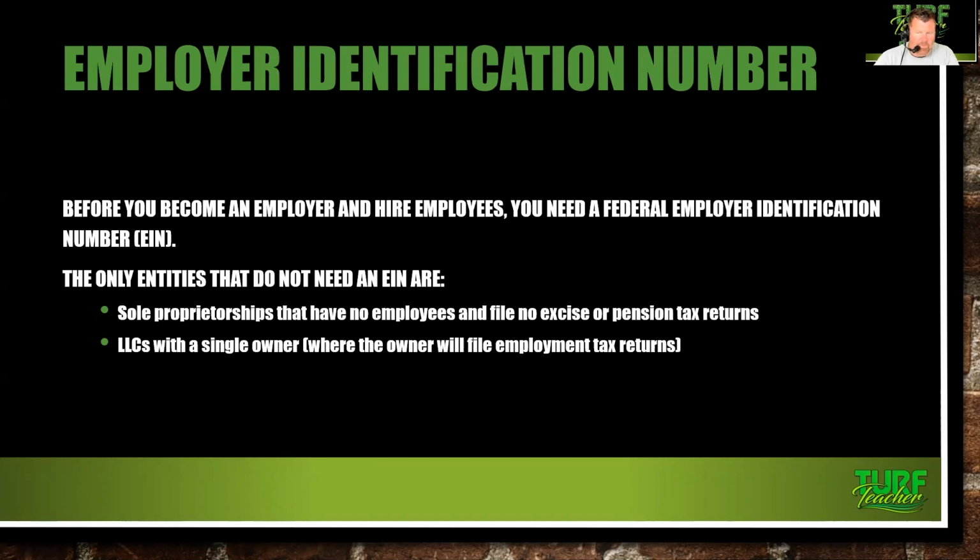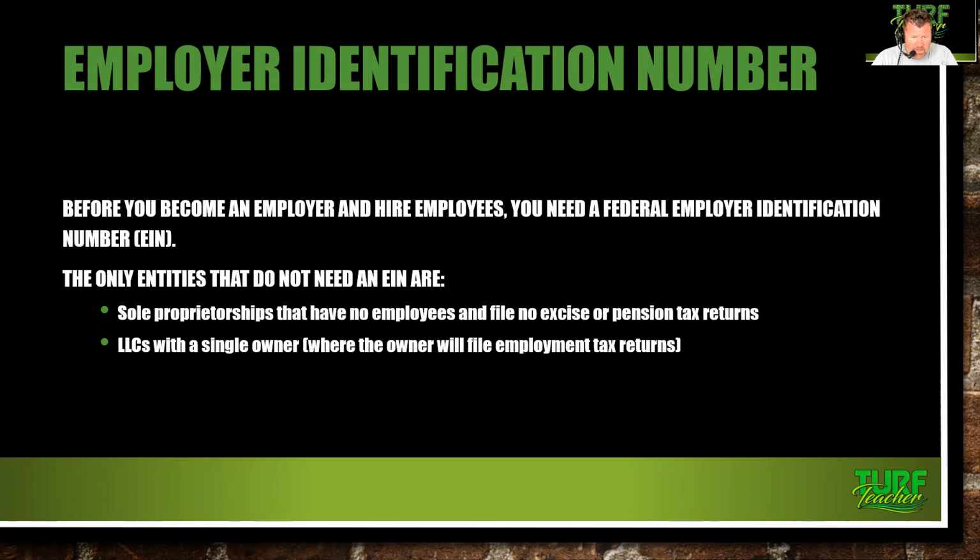Your employer identification number, or EIN, as people will call it. Before you become an employer and hire employees, you need this number, and you can get it fairly quick. Once you form your corporation, LLC, S Corp, or whatever, you can even get a federal ID number if you're a sole proprietor. Most people use their Social Security number, but you can choose to get a separate EIN.